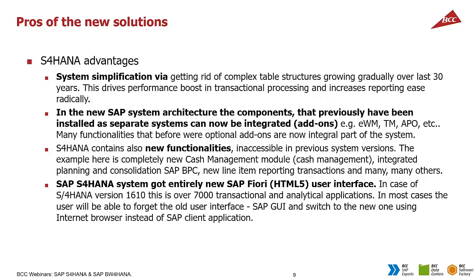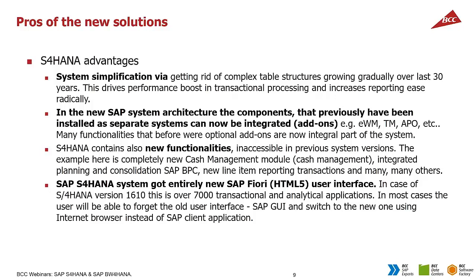So the system is simplified, and what does it give? It does give a performance boost, not only from the movement to the HANA platform, but also from the simplification of tables. So instead of writing down the data when saving a transaction into, for example, 15 tables, it will write down to 2 tables. It's much easier and simpler for the programs.